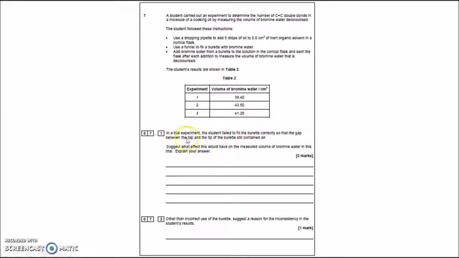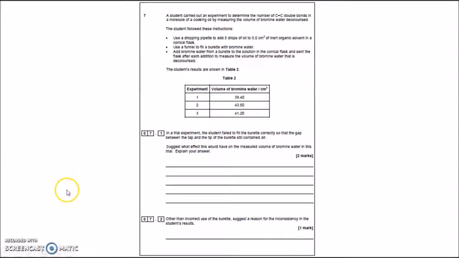Let's have a look at the first bit of the question. In the trial experiment, the student failed to fill the burette correctly, so that there's a gap. Suggest the effect. Okay, so you've got the burette here, and you've got an air gap in the bottom of the burette. Well, let's say that the air gap is 3 centimeters cubed. The first 3 centimeters cubed that's pouring out of the burette is actually not going to pour out of the burette at all.